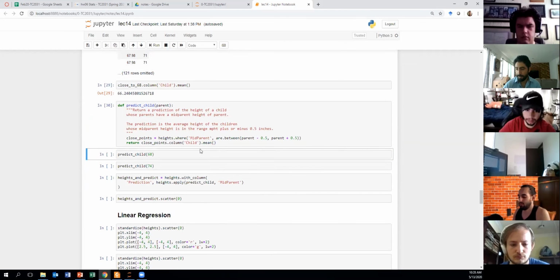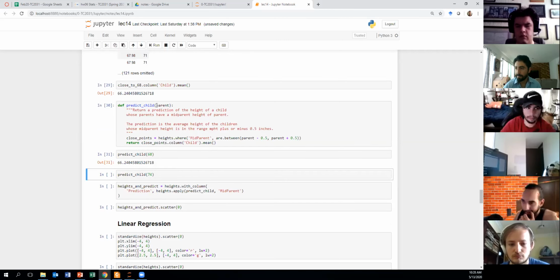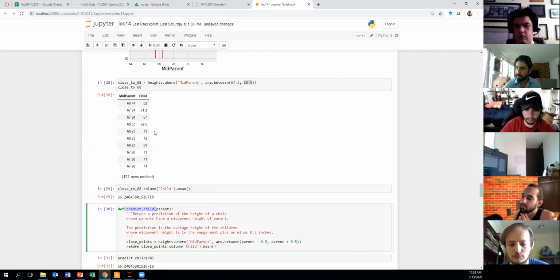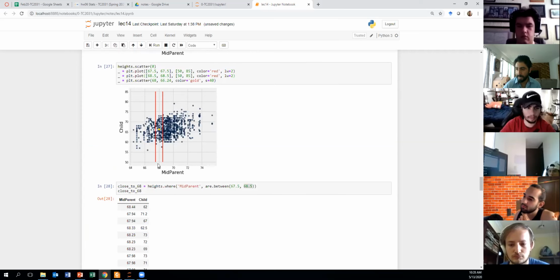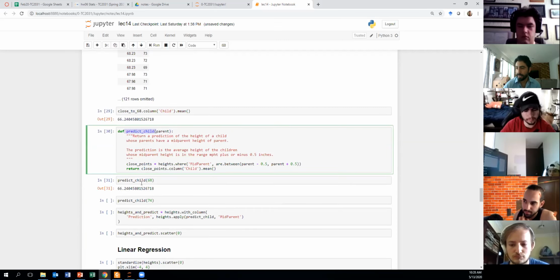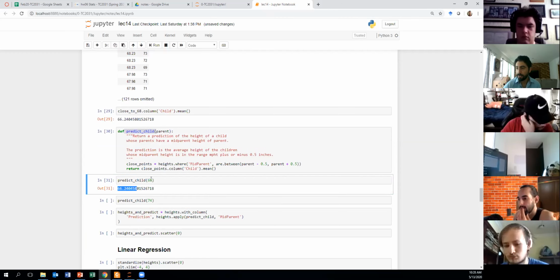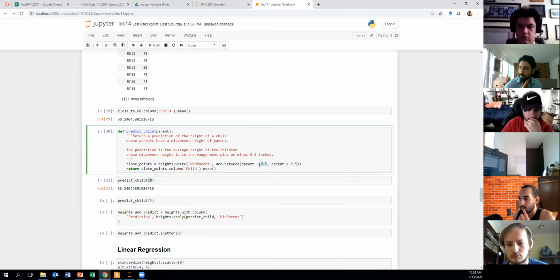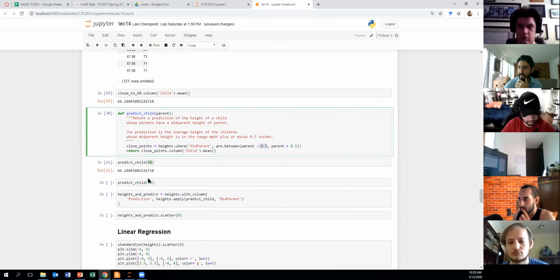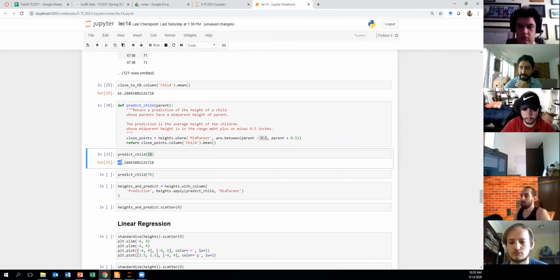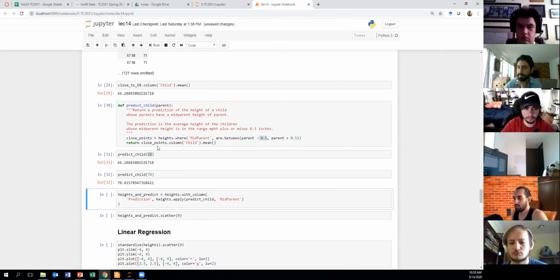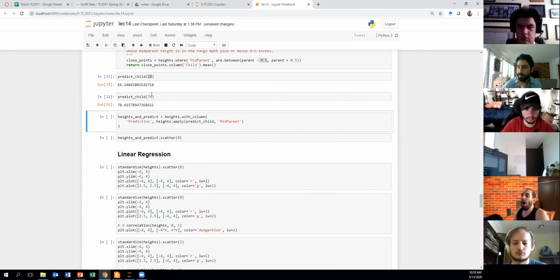It does exactly the same thing: I give the same range in my data, and it calculates the mean to predict the child's height. For example, for mid-parents around 68, half an inch up and half an inch down, I get an estimate for my child's height of 66. For 74, I estimate the child would be somewhere around 70 inches tall.